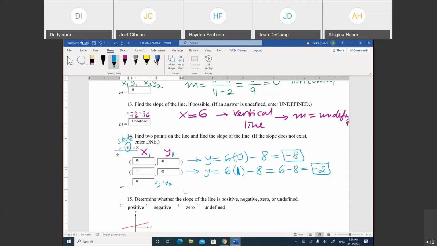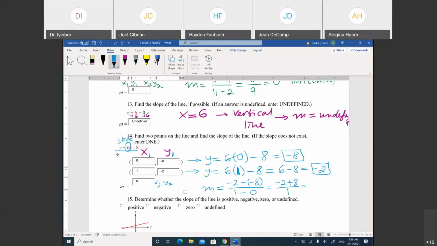So we're going to plug it in. m equals y2 minus y1, so it's negative 2 minus negative 8 over x2, which is 1, minus 0, right? So on the top, negative 2, negative and negative is positive, so negative 2 plus 8 over 1 minus 0 is 1.